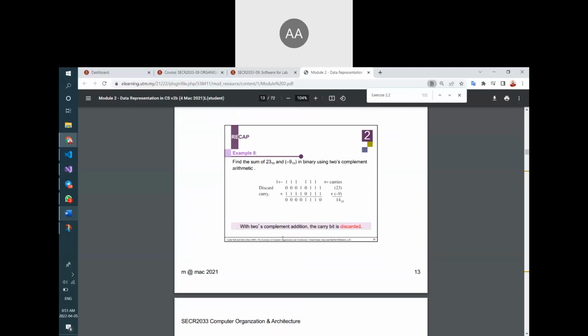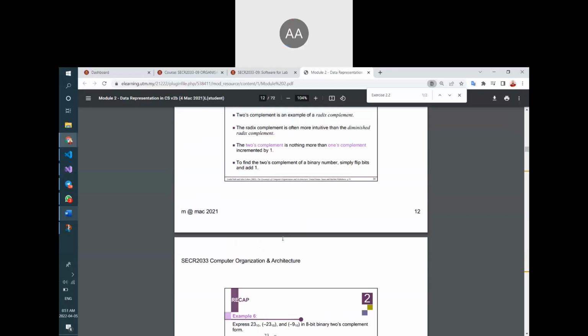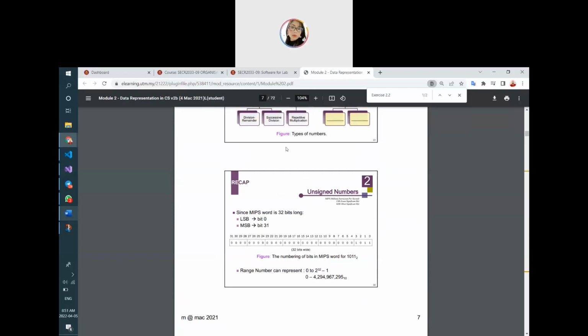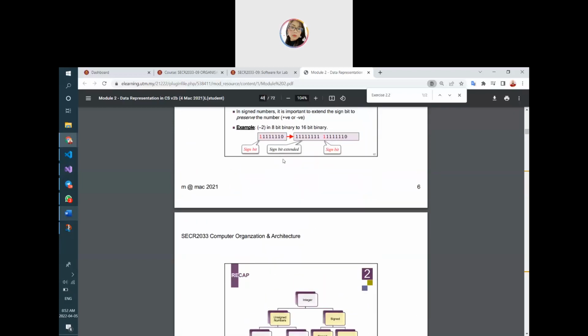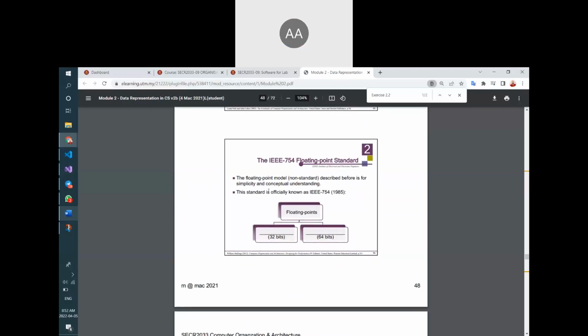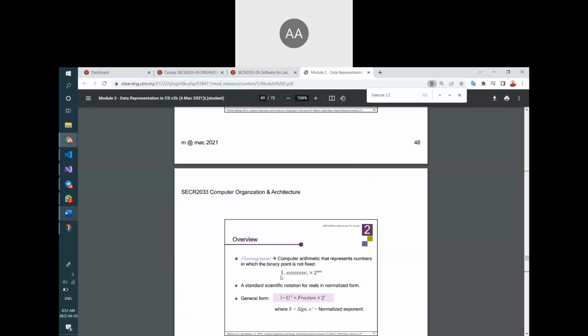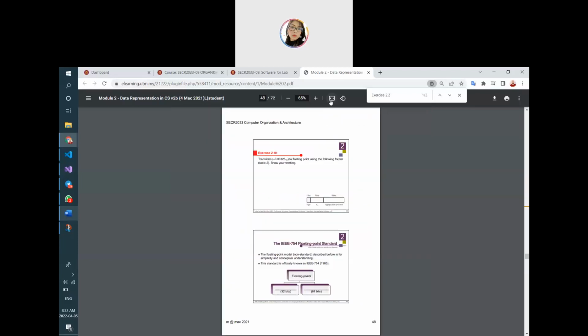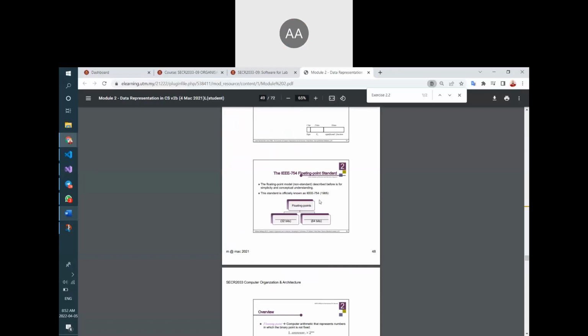It's too far now. You need to go back to 2 point what? What is this page number? 48. 48 for the PowerPoint, not in the pages. Okay, in the pages. So should I find it?